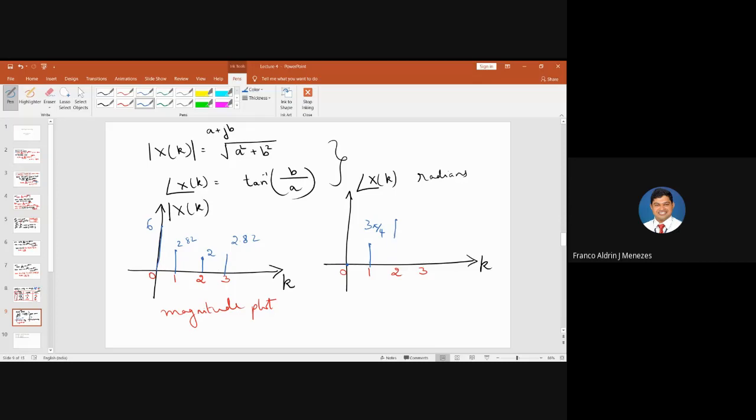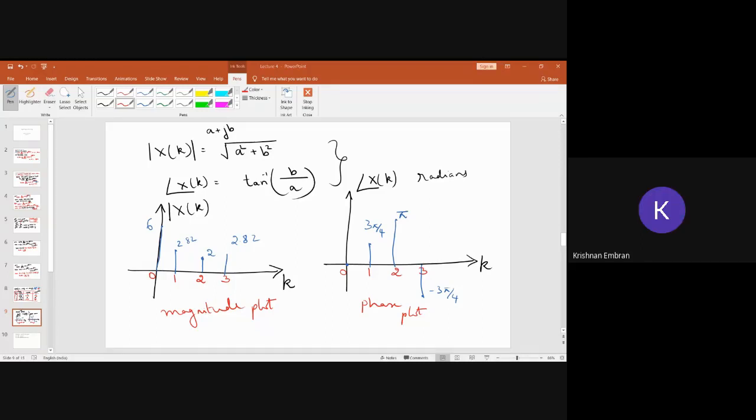The second angle is pi, and the third angle is minus 3 pi by 4. So this will be the phase plot of the DFT of the sequence, the phase plot of X of k. Is this part clear?